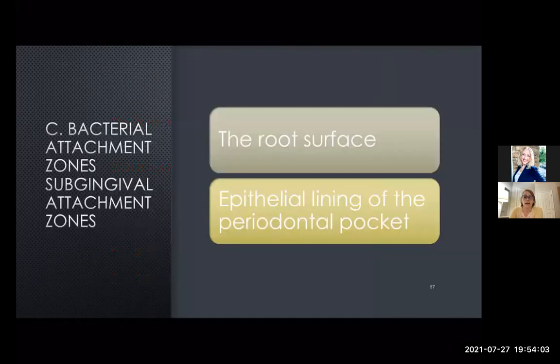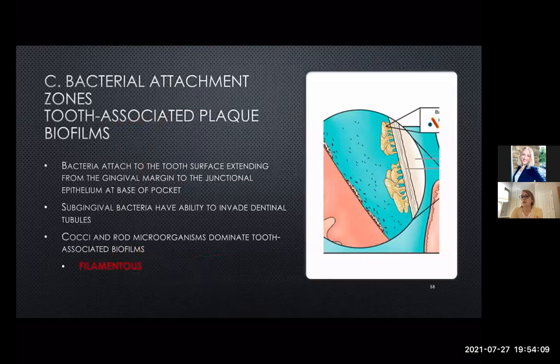So let's talk about the attachment zones. We basically have the root surface or the epithelial lining of the periodontal pocket. And we know that the tooth surface is where it starts. But as that bacteria co-aggregates and the colony gets larger, it starts to extend out to the epithelium.